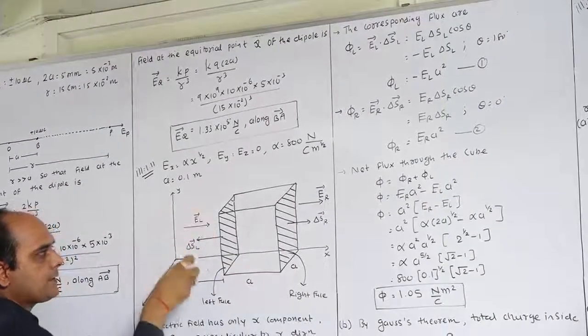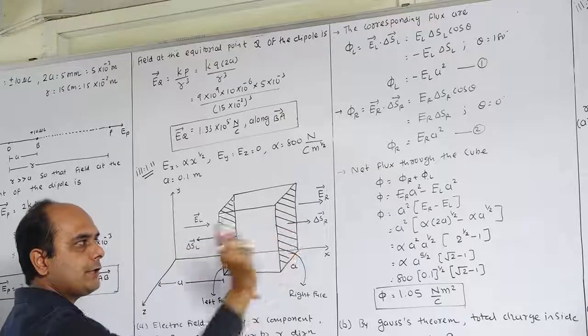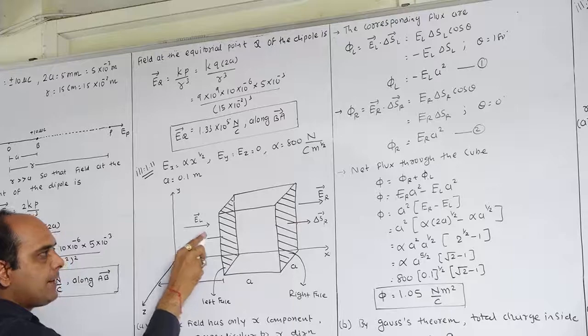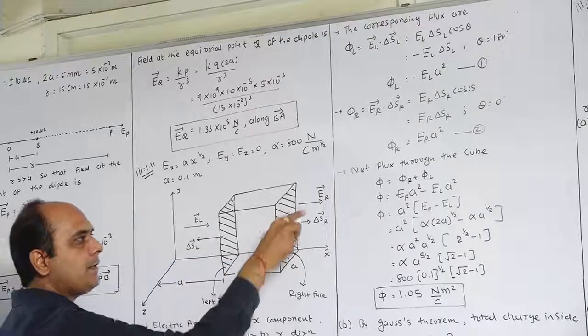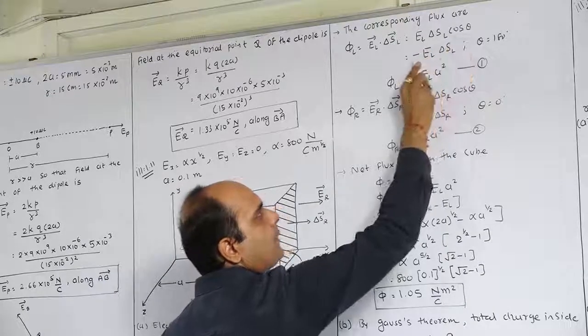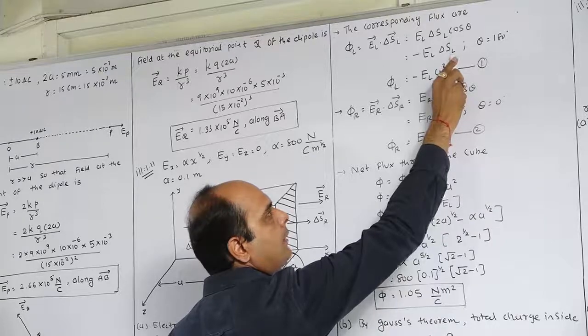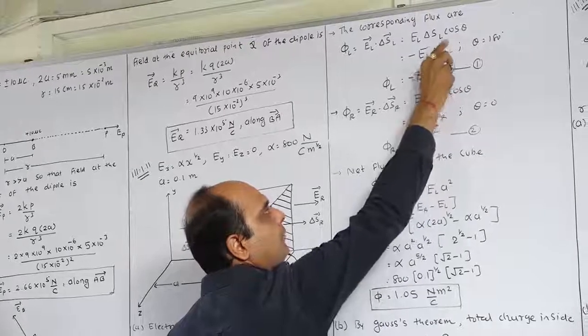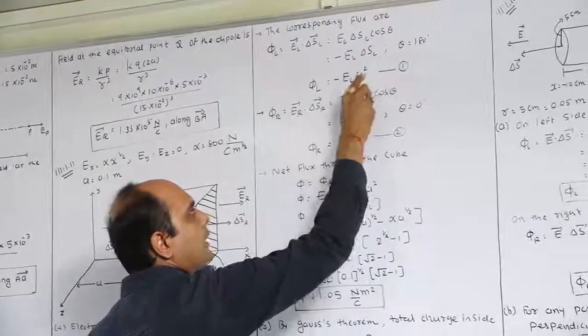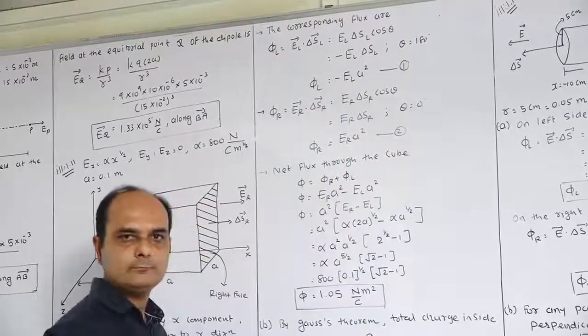If they are in opposite directions, the angle between them is 180 degrees, and for the right side face the angle is 0 degrees. So cos 180 is equal to minus 1. Let's place the minus sign. Write down E_L delta S_L, where delta S is the area of one side of the cube, so that is a squared. E_L is kept as it is. This is equation number 1.